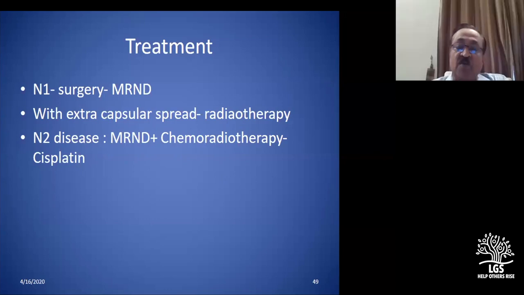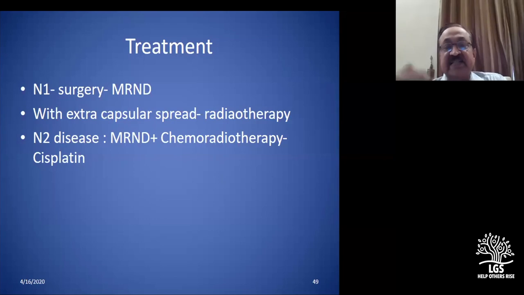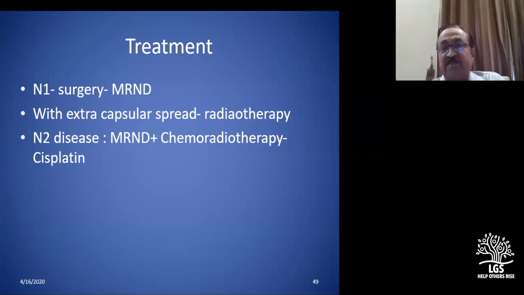And how many of you think that in these patients the primary will appear, let us say at the end of 1 year? At the end of 1 year, how many patients do you say the primary may appear? Yes? 5 to 10%.